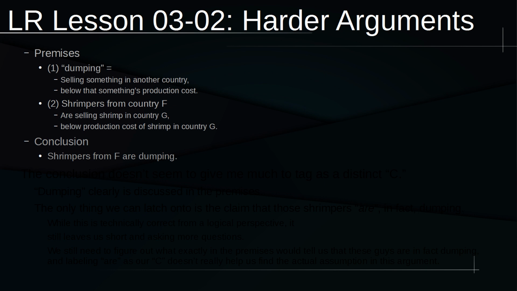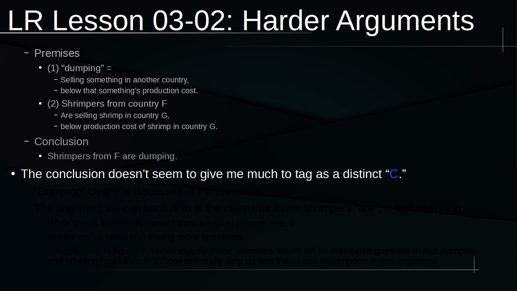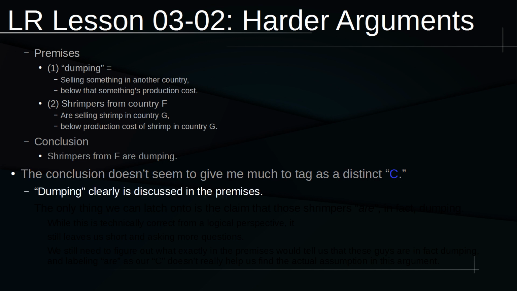So for the next few slides, even though we're going to be discussing various different concepts, I will start by reproducing this breakdown of the argument for our mutual benefit here. So I run into a problem immediately when trying to do the red, blue, purple thing, and that problem is the conclusion doesn't seem to give me much to tag as a distinct concept C, to put in blue here. So when looking at the conclusion, the idea of dumping, that concept is clearly discussed in the premises, so that doesn't seem like a great place to slap the blue label.